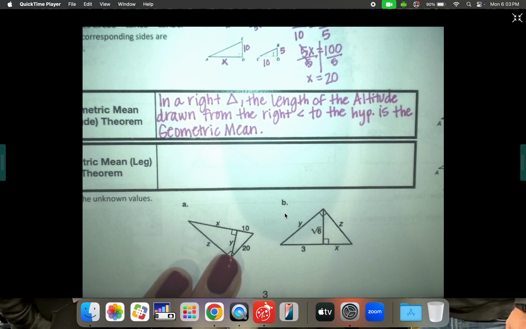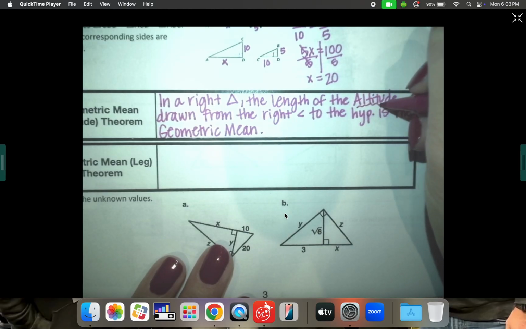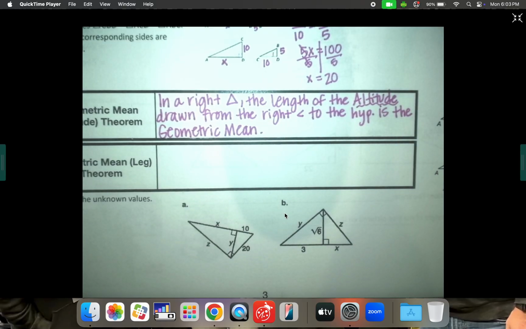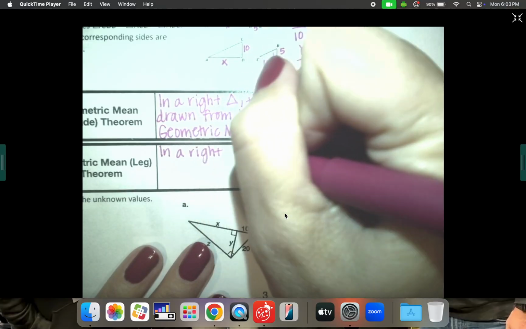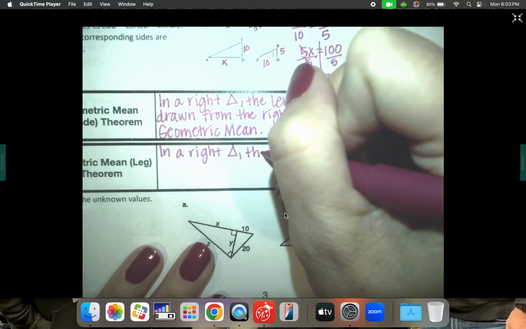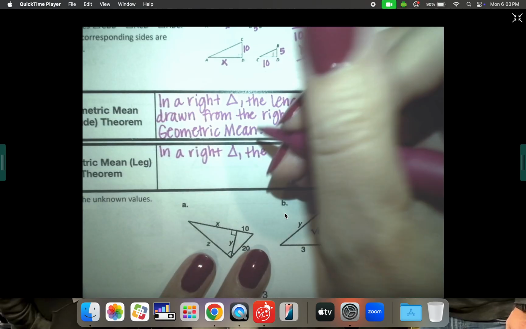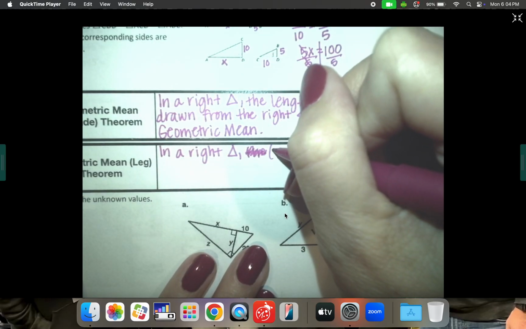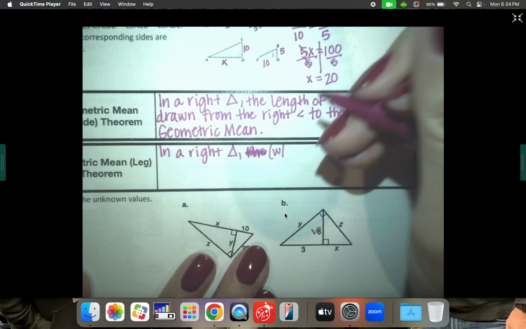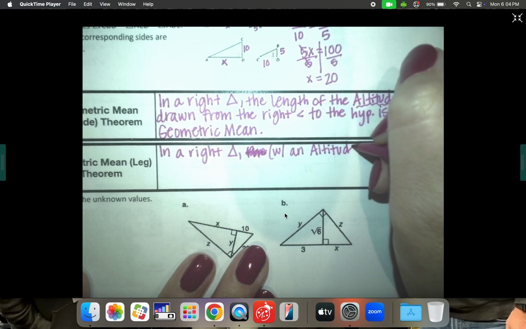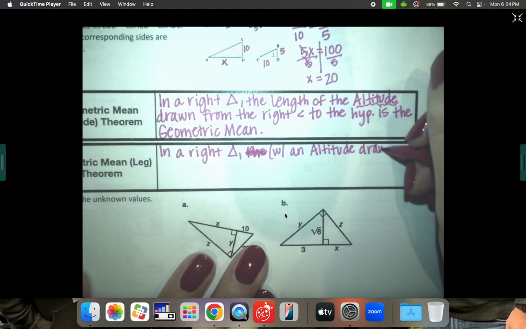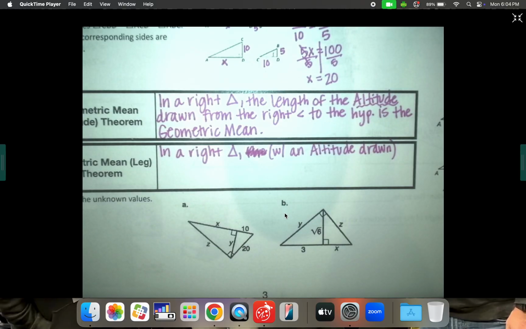All right. Now let's talk about it based on not the altitude, but the leg. So this says in a right triangle again, we also need to know it already has the altitude drawn in. We can't do it unless the altitude is also drawn in, because that's what's going to separate them out.